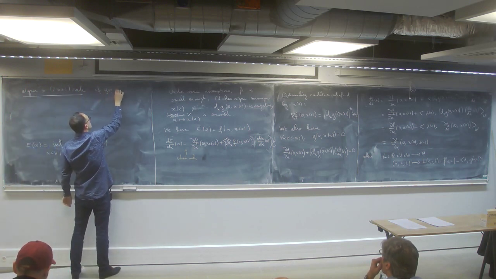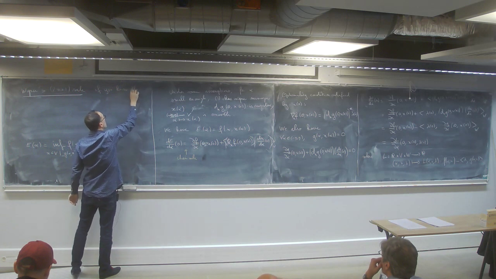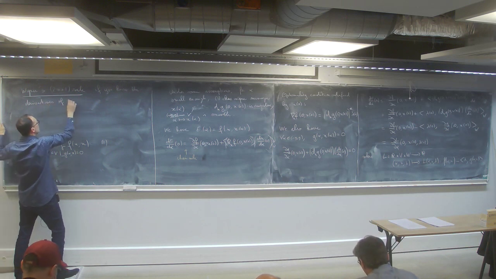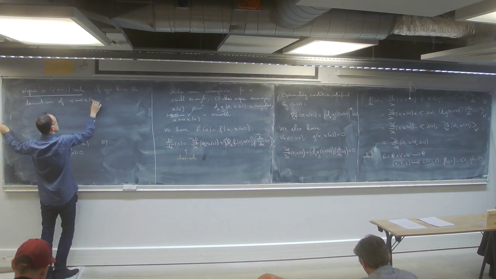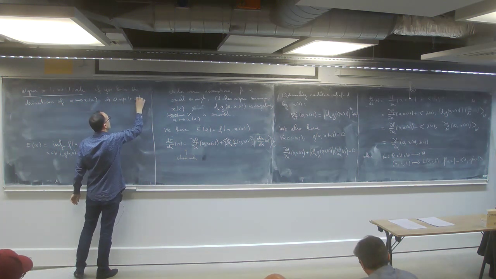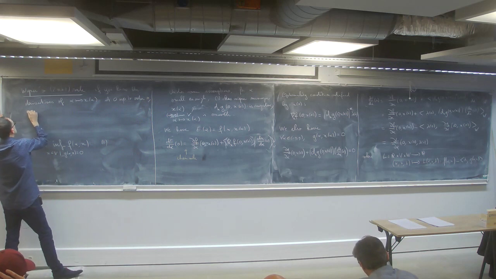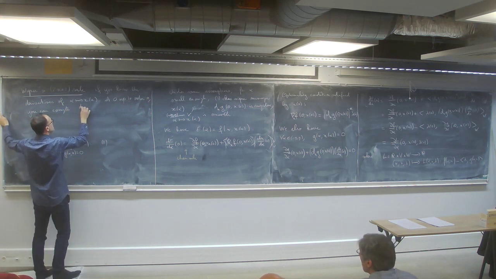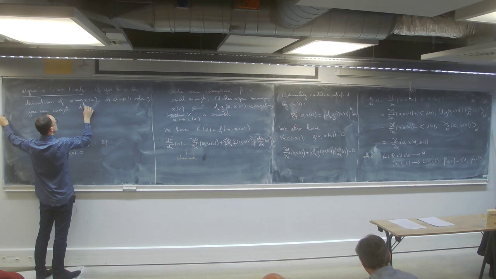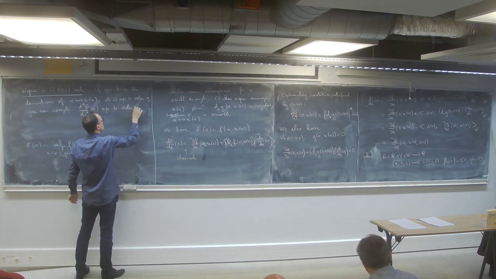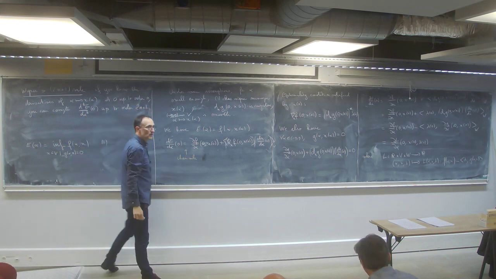So if you know the derivative of x(alpha) at 0 up to order n, you can compute d^k E over d alpha^k at 0 up to order 2n+1. Okay?